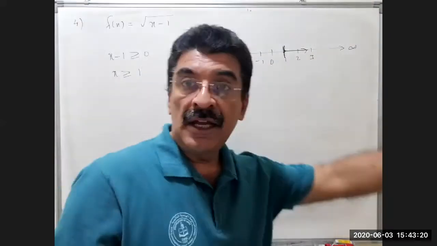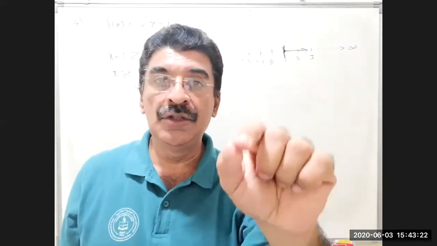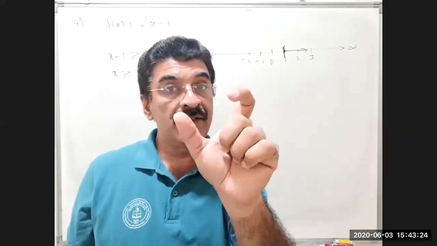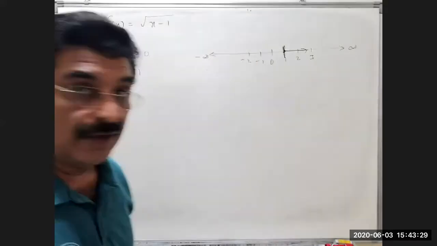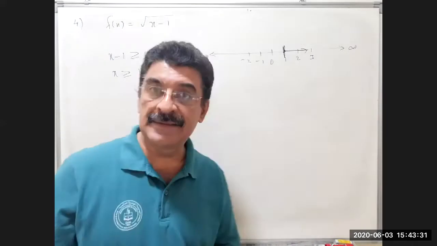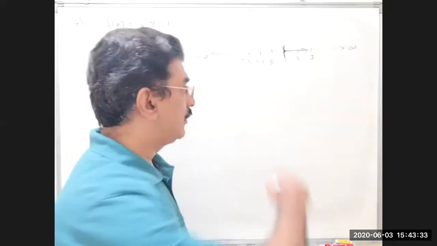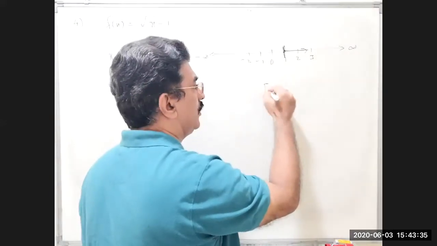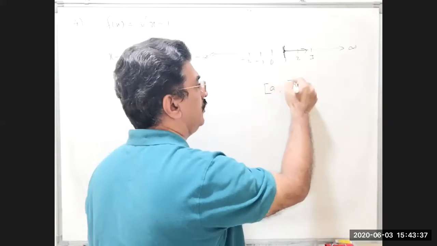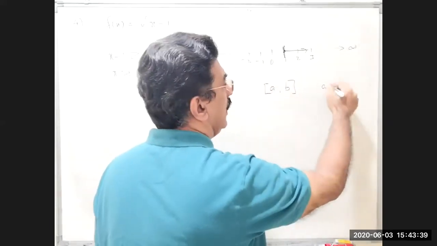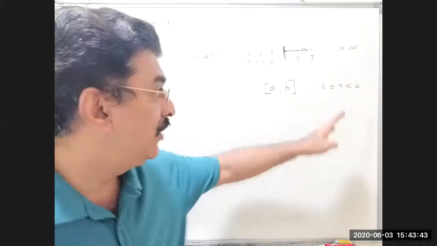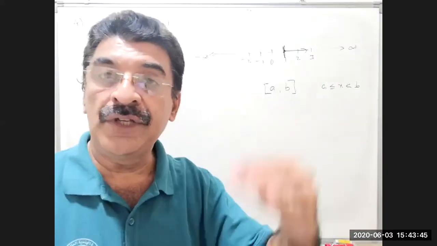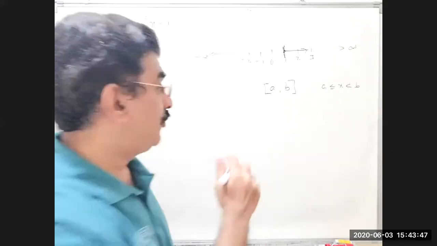Again, real numbers, we write using intervals, with open bracket and close bracket. That also we learned in the earlier steps. For those who forgot it, closed bracket: a less than or equal to x less than or equal to b means numbers from a to b.